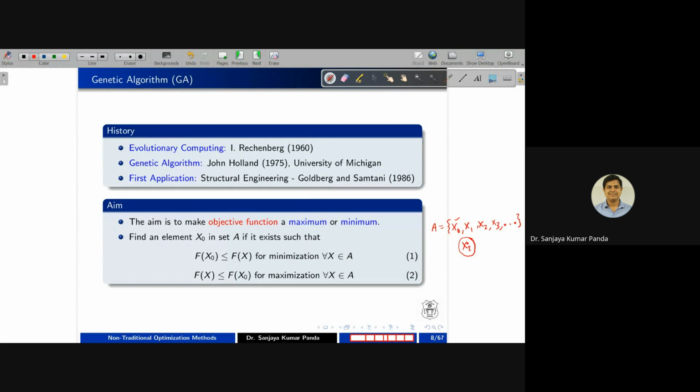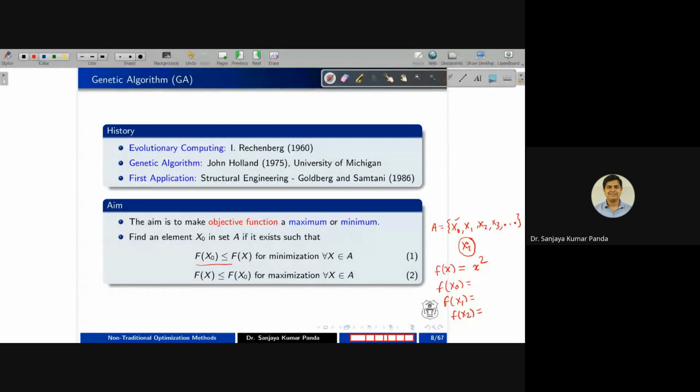Suppose I take f of x is equal to x square. It is a function. First I will calculate f of x0, then f of x1, and then f of x2, and so on. Like that, you can take any function.